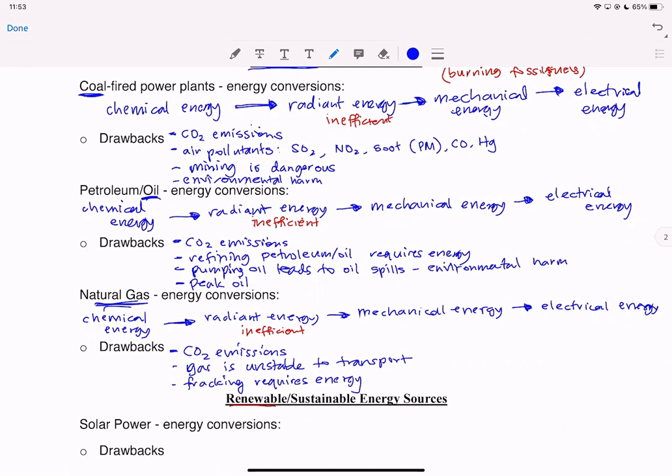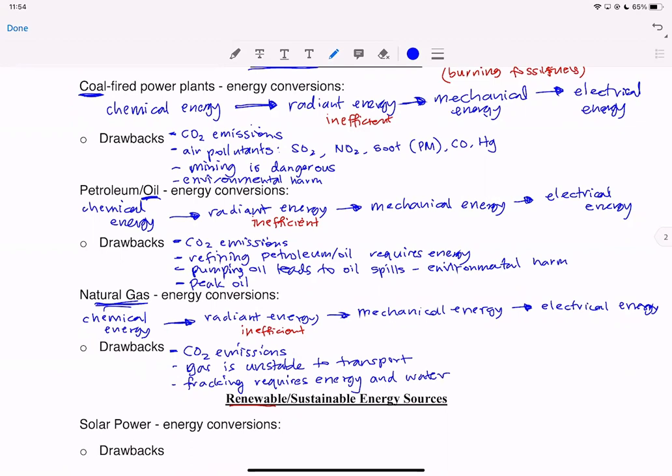And you also need to fracture the underground shale. That takes energy. That's why hydraulic fracturing, that's what it's called, is breaking this underground shale using hot water. So that's a waste of energy. It's also a waste of water. And it's just stupid. Why should your energy source need energy?